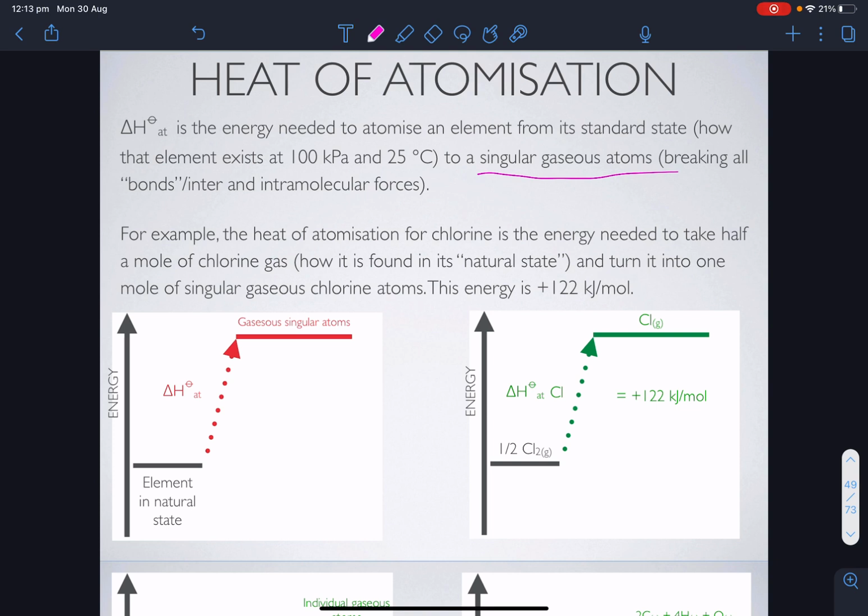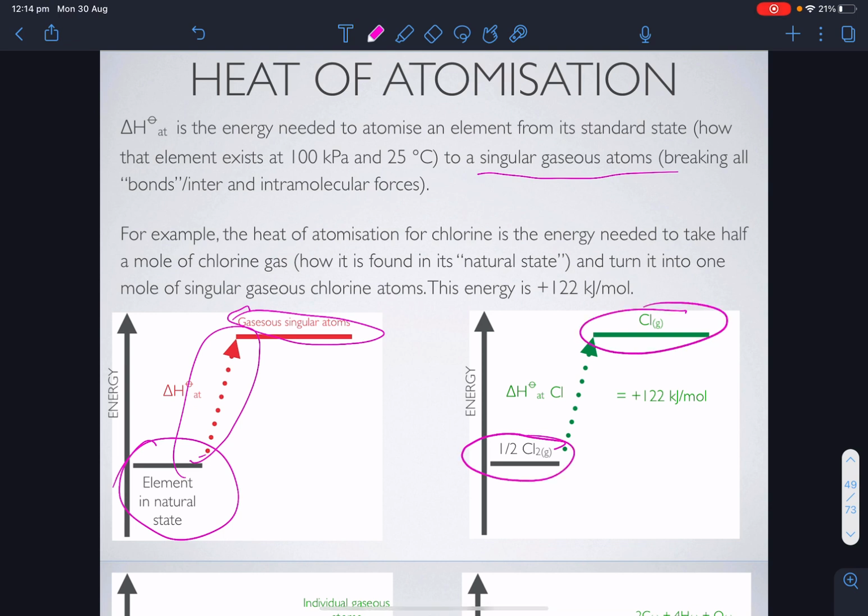So for example, the heat of atomization of chlorine, Cl2, is the energy needed to take half a mole of chlorine gas, how it's found in its natural state, and turn it into 1 mole of singular gaseous chlorine atoms. And this energy we can look up in a table is 122 kilojoules per mole, okay? So we've got an element in its natural state, and heat of atomization is the energy needed to go to gaseous single atoms.